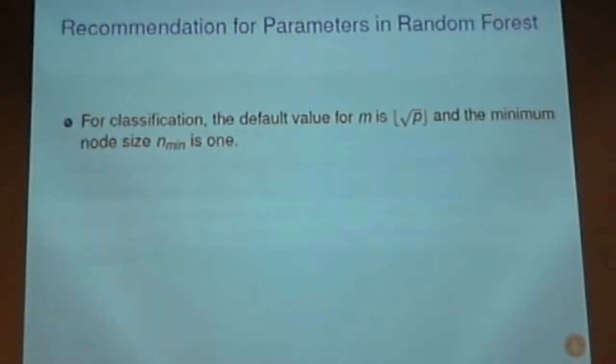Now here, this is a general recommendation for the parameters in random forest. For classification, the default or recommended value for the number of input variables involved in each tree is roughly the square root of P. So let's say you have 9 variables, then each tree only involves 3 input variables.